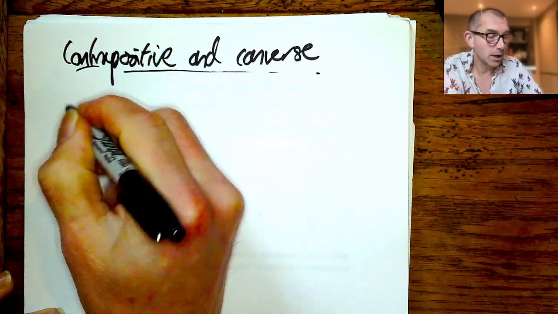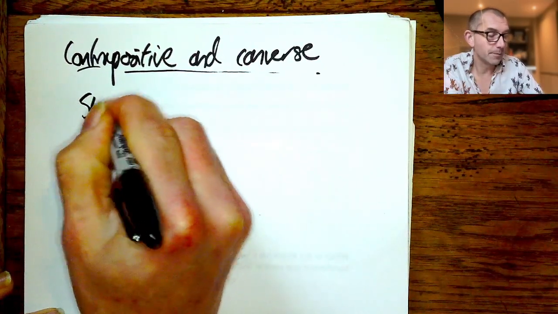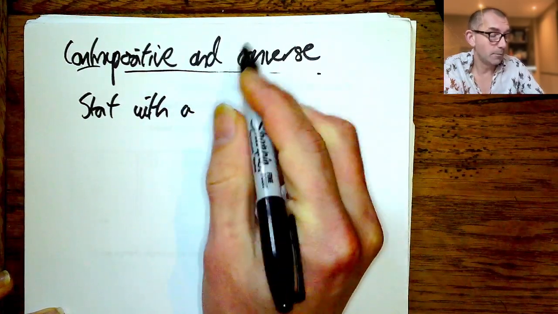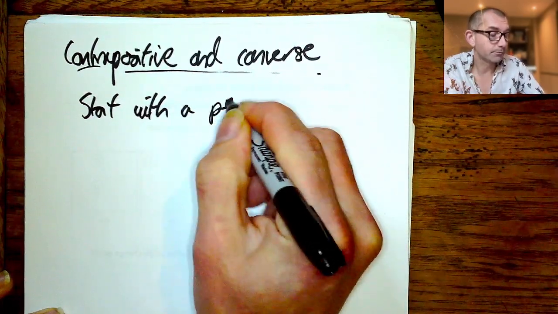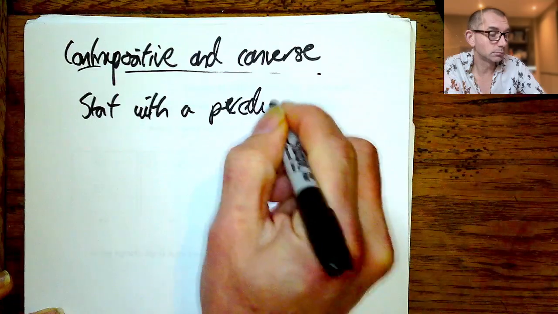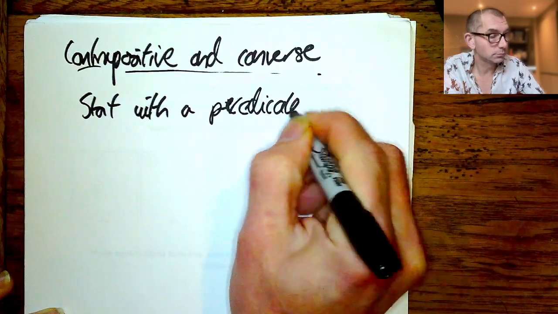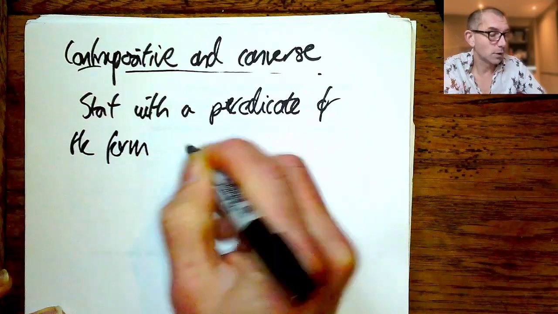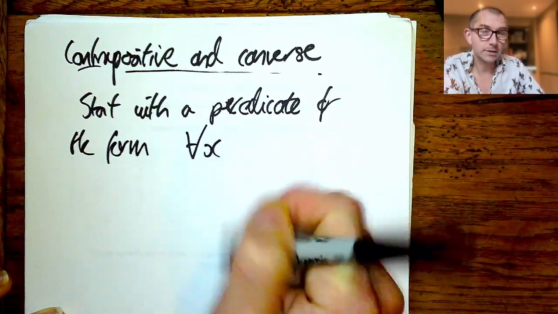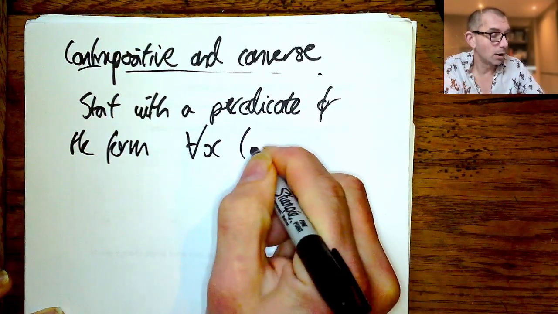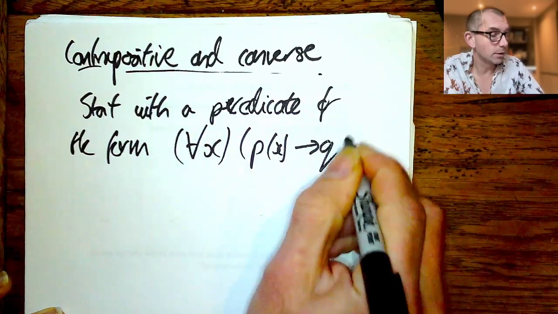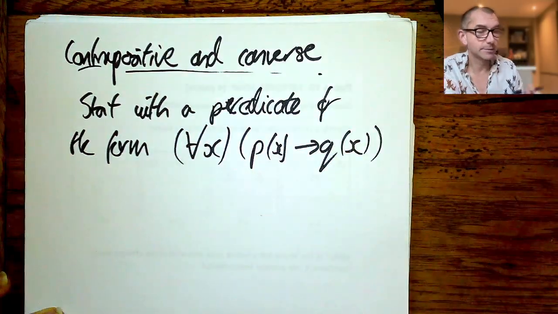So in each case, start with a predicate of the form: for all x, P of x implies Q of x.